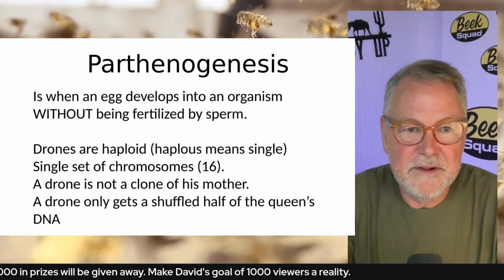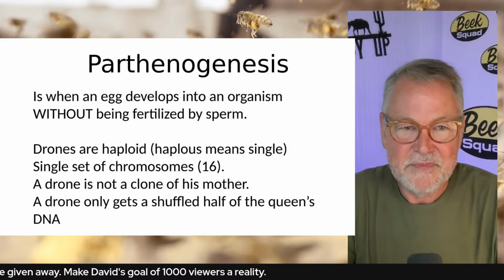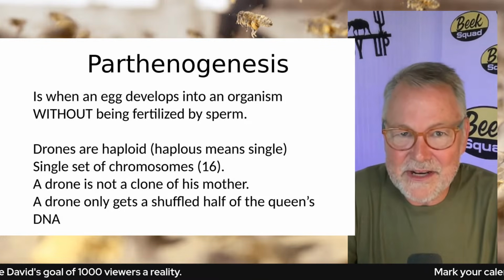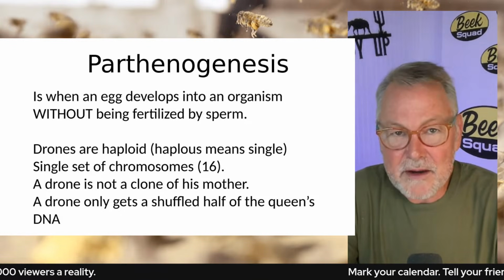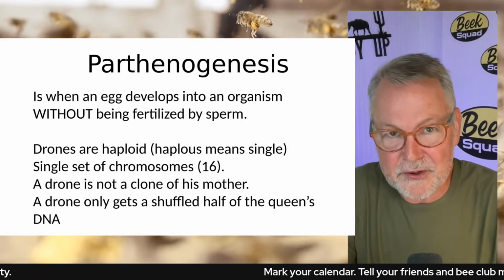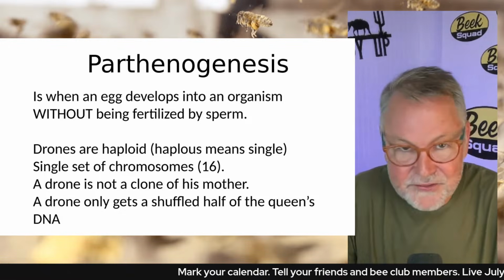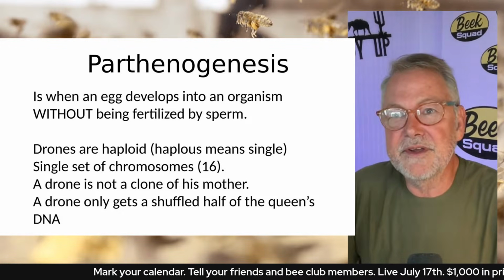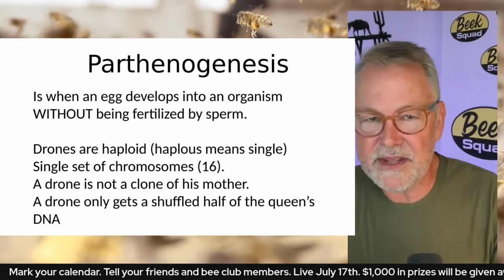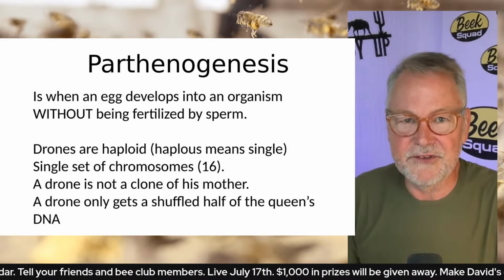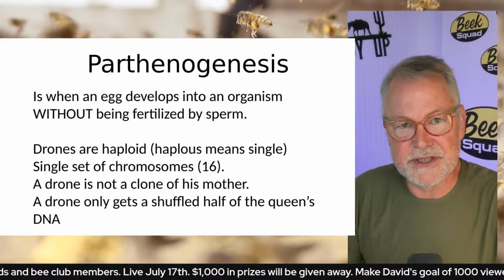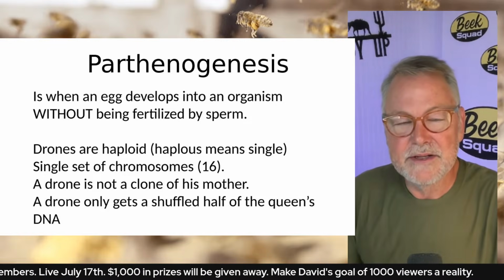So as we think about parthenogenesis, that's when an egg develops into an organism without being fertilized by sperm. Plants can do it. Some insects can do it. And what's difficult to understand is, how does that even happen? Well, it's because of the sex determination of haploid diploidy genetics.